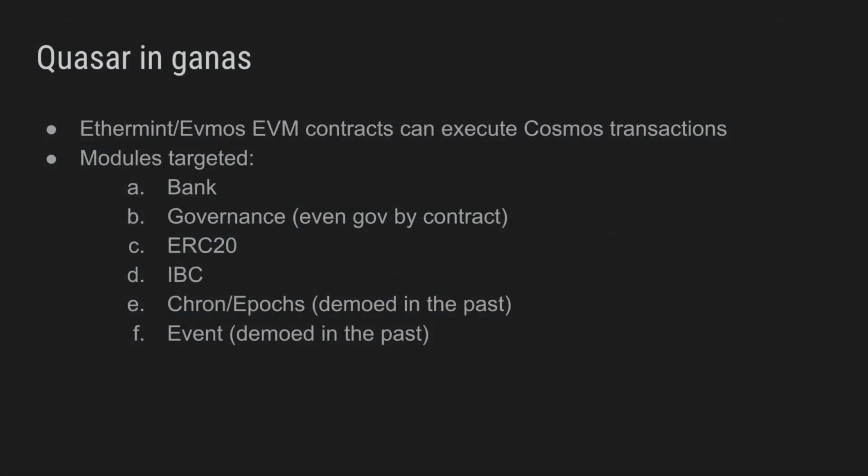Quasar allows Ethermint Evmos EVM contracts to execute Cosmos transactions. Modules targeted are bank, governance, and all other Cosmos modules like ERC20, IBC, and even modules that we have demoed in the past, like Cron with epochs and Event.